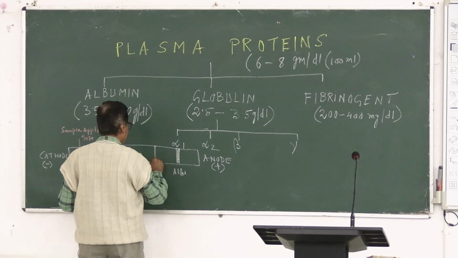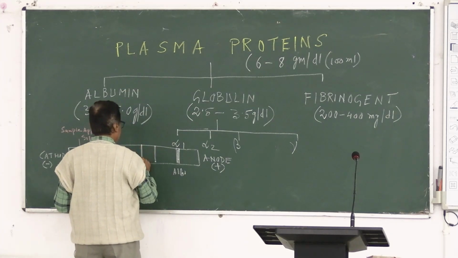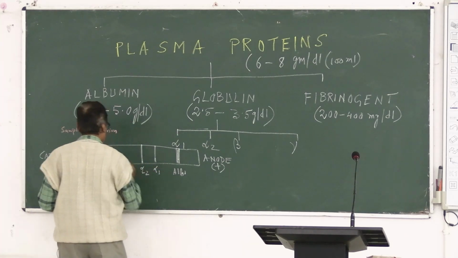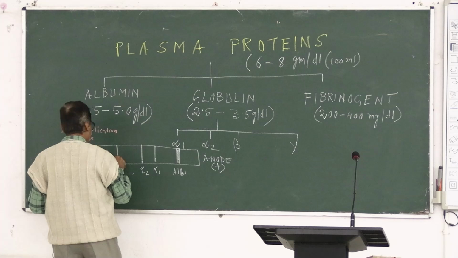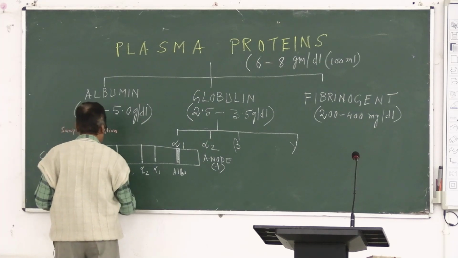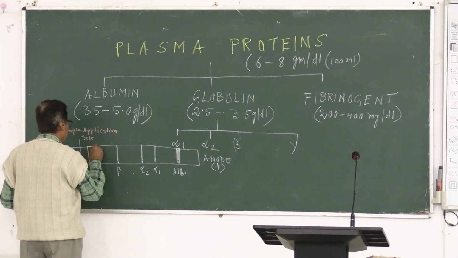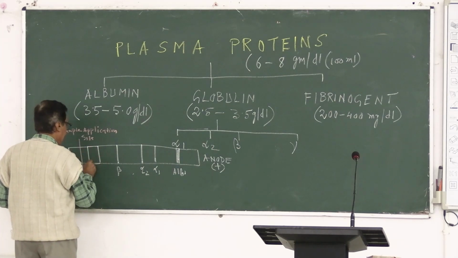Next is alpha 1, alpha 2, beta and gamma.